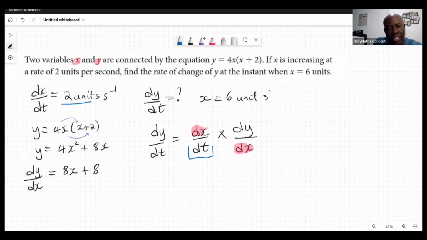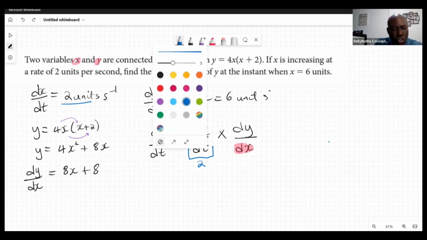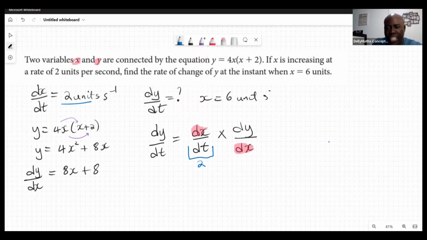It was given as 2 units, so this is 2. We know that. So it's now my intention to substitute. But at the same time, I can find the value of dy/dx, which is this, when x is 6, because we were told 6 units. So let's just find that. So we're looking at dy/dx, right, which is 8x plus 8.